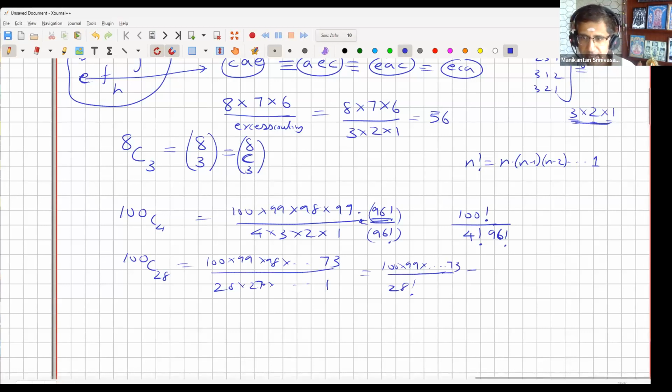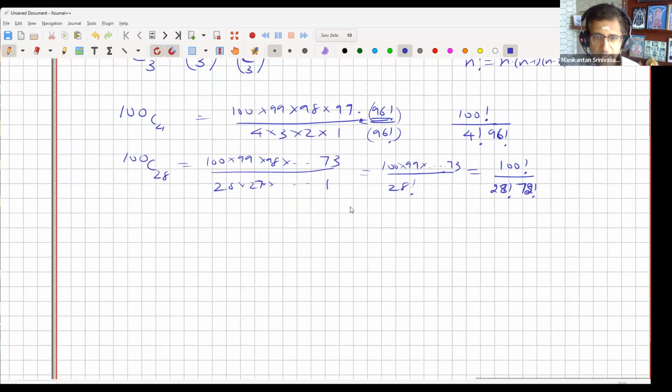So it is better to write it as 100 factorial by 28 factorial times 72 factorial. Generalizing, n choose r is n factorial upon r factorial times n minus r factorial.